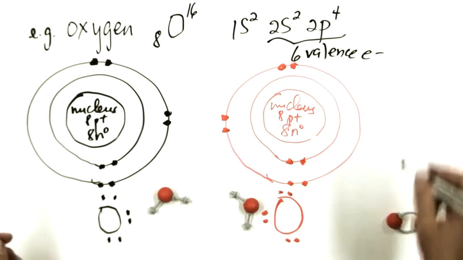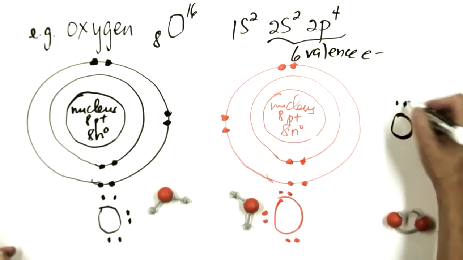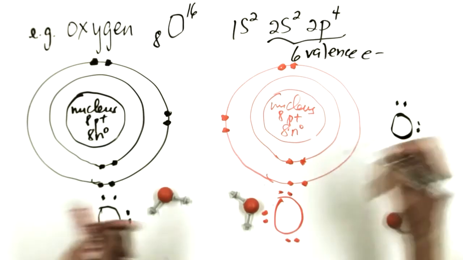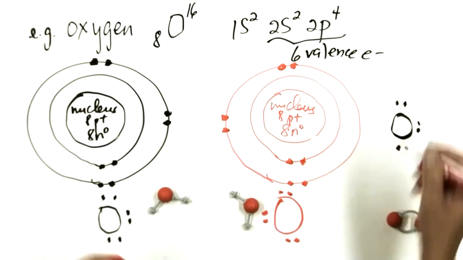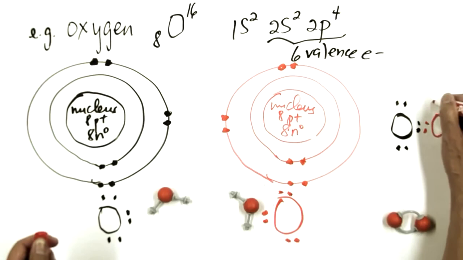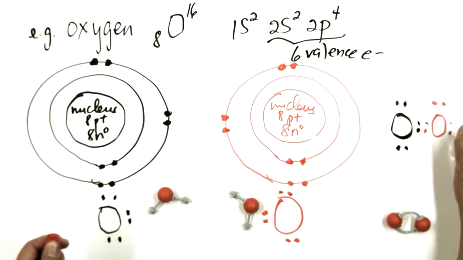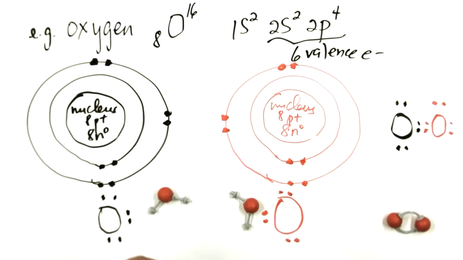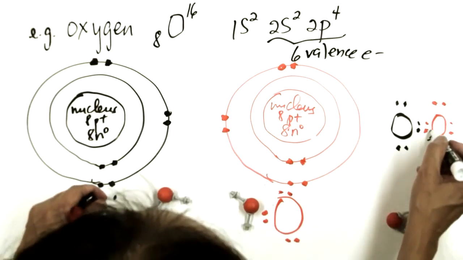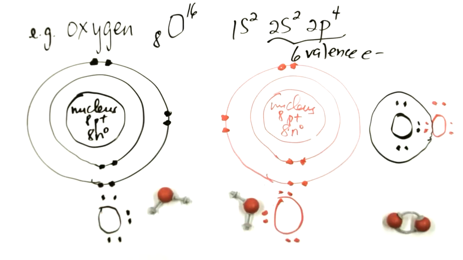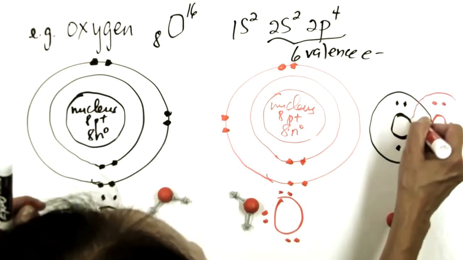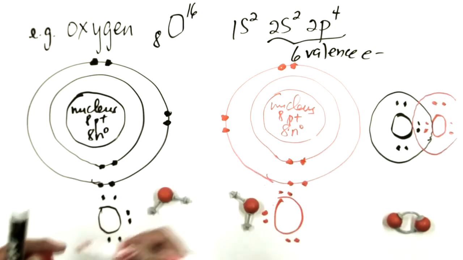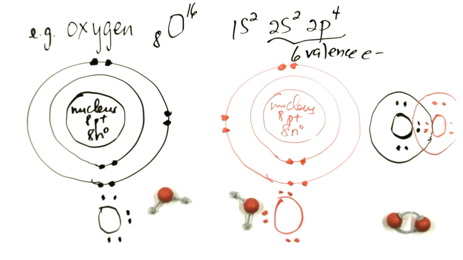So if we were to redraw this model, it would be oxygen, this is your first atom with 6 electrons. You will have the other oxygen atom with 6 electrons. So if you look at this, what this means is this shared pair of electrons belongs to this oxygen atom. Notice that it now has 8 electrons, and this also belongs to this oxygen atom. So now both of them have 8 electrons.